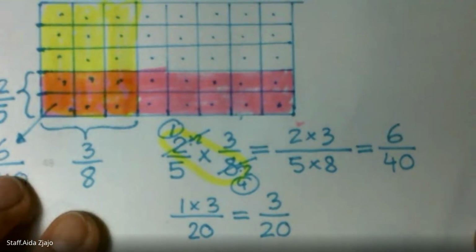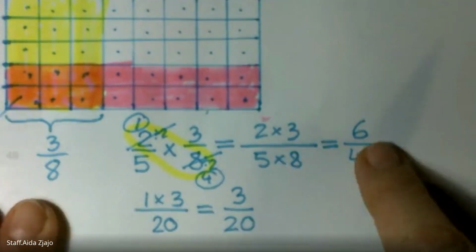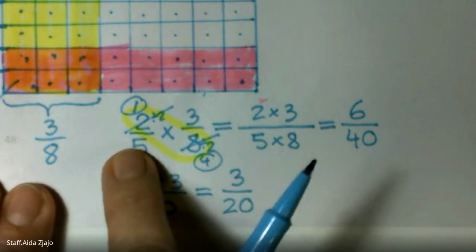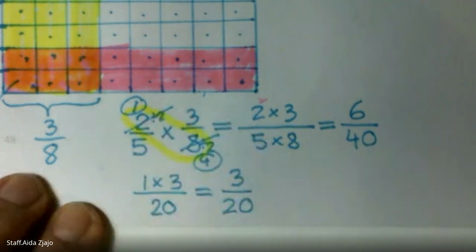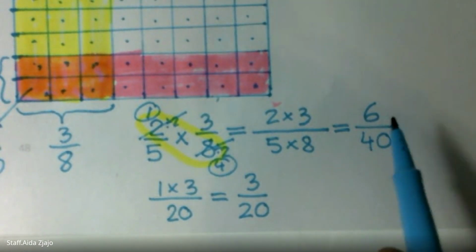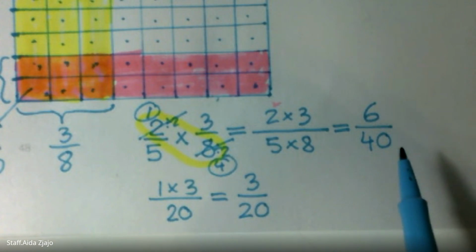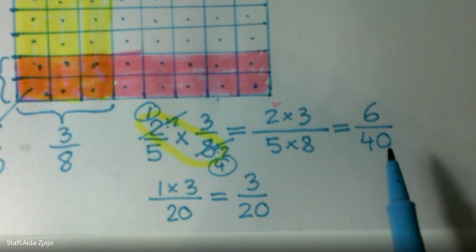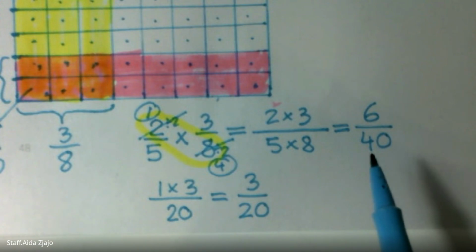If we simplify right here, not at the beginning, looking across, we can find that 2 times 3 is 6, and 2 times 20 is 40.